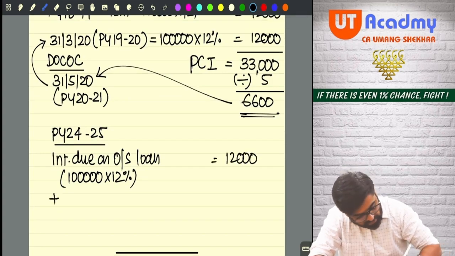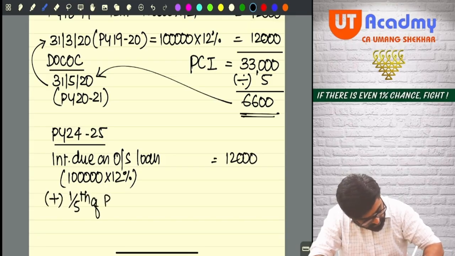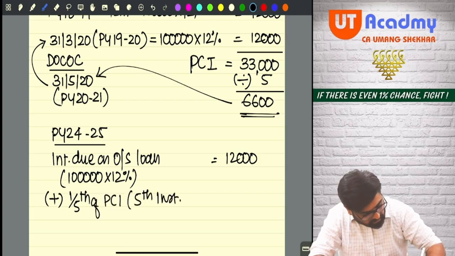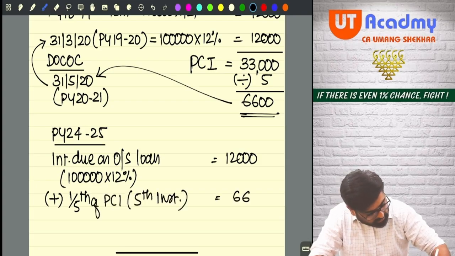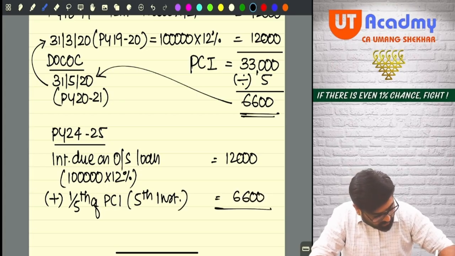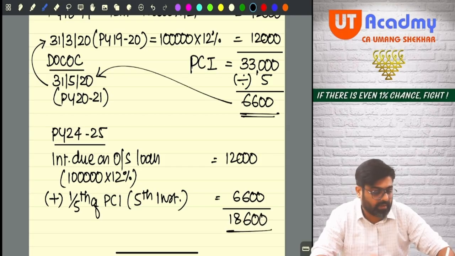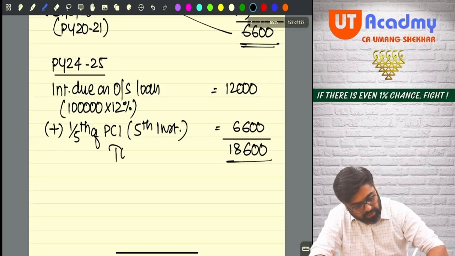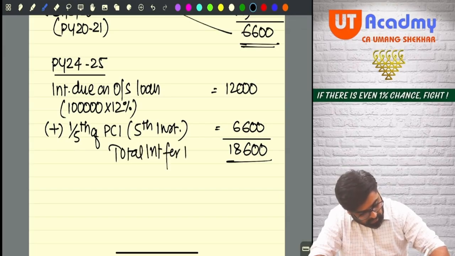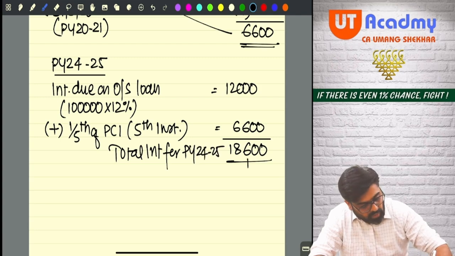And along with that I will add 1/5 of pre-construction interest. This is my 5th installment amounting to rupees 6,600. So what will be my total? It will be 18,600. Now this 18,600 is the total interest for the year 24-25.